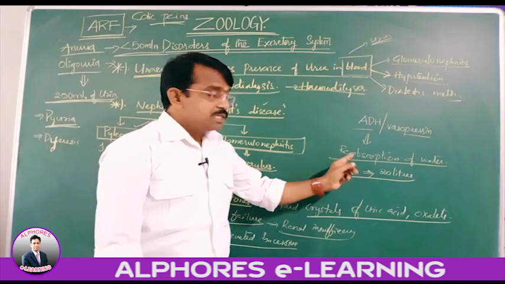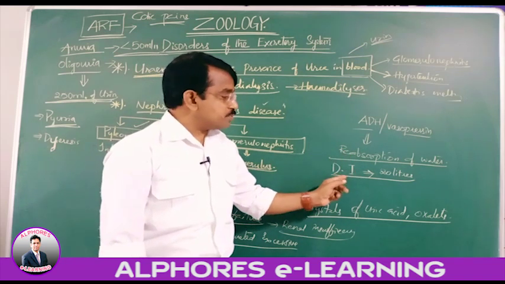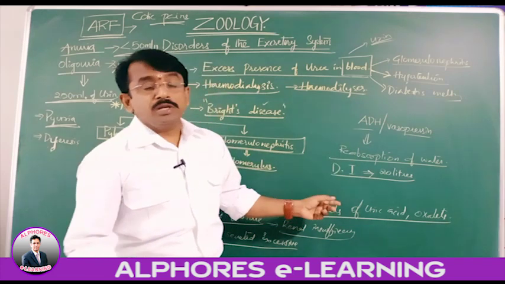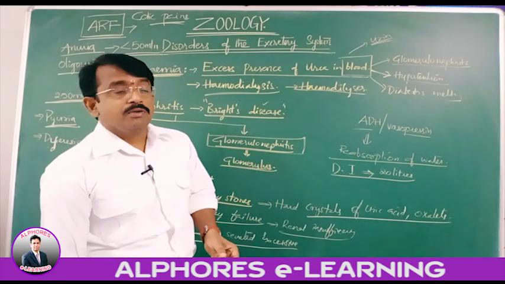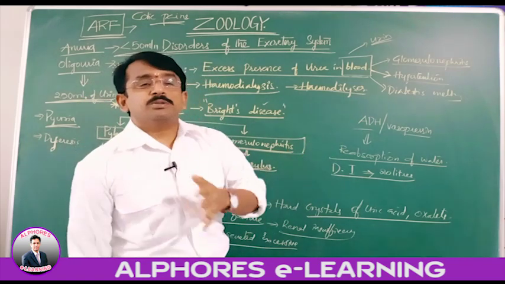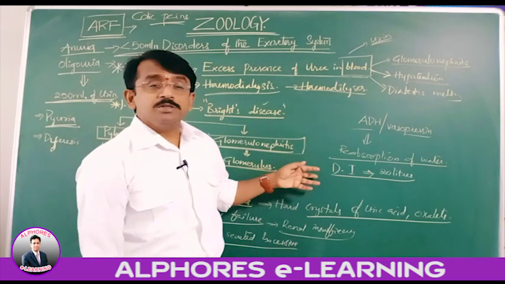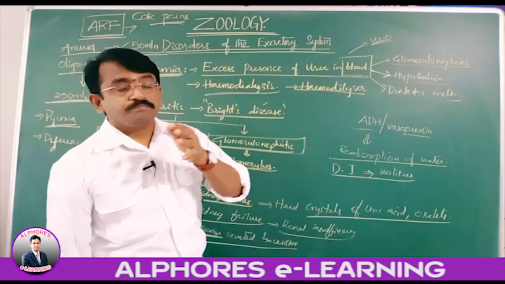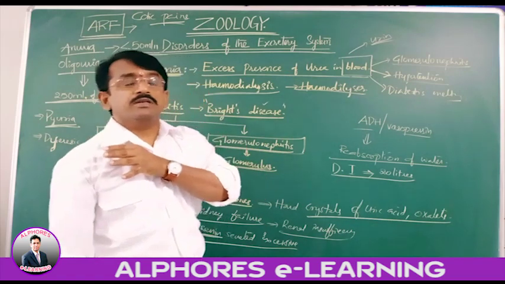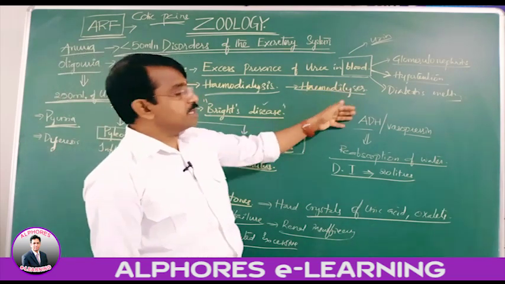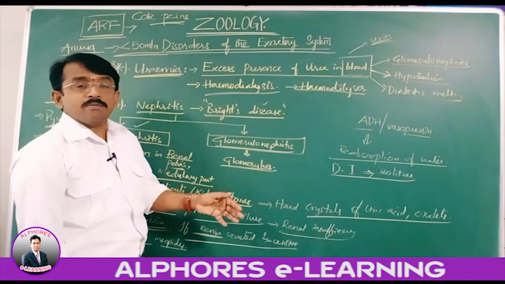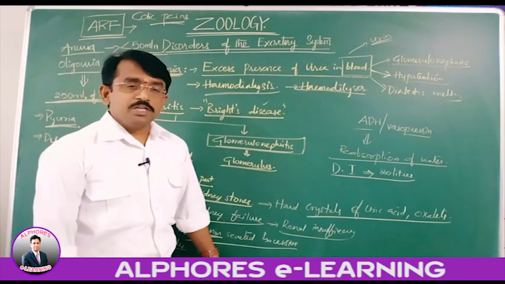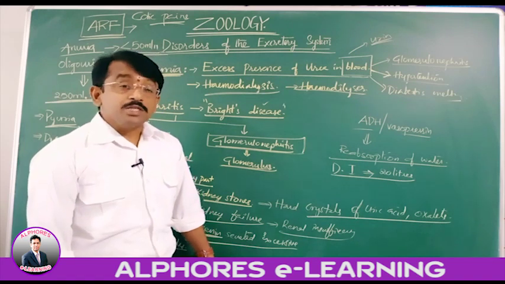This hormone plays a role in the reabsorption of water, but its deficiency results in failure of reabsorption of water. So all the water is lost through the urine, about 20 liters. So excessive urination. Next, thirst is seen in diabetes insipidus, which is different from diabetes mellitus, which is due to deficiency of insulin.